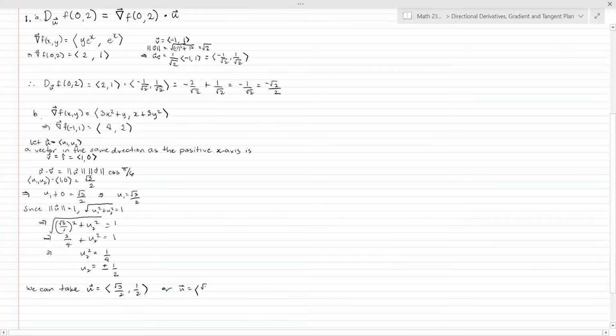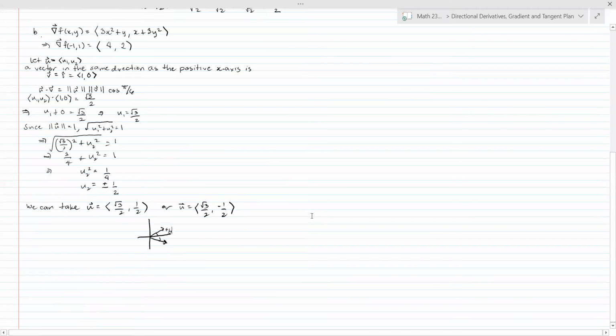Parang ganyan yung unit vector na makukuha natin. They are both pi over 6. Both of them make pi over 6 with the positive x-axis, di ba? Okay, so kahit alin dyan. So that's just a note, no? Na pwedeng kahit alin.